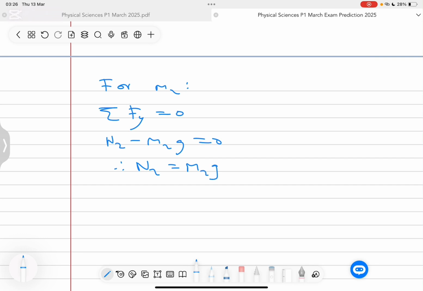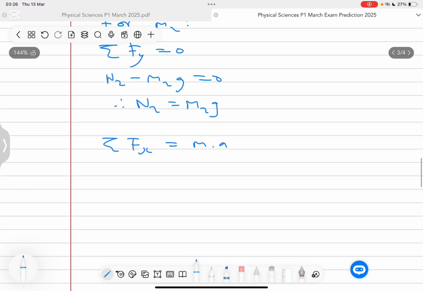Now I'm going to say that my sum of forces in the x, the net force in the x, is equal to the mass times the acceleration. This is Newton's second law really. But we know that the net force can also be defined as the sum of forces acting on the object.